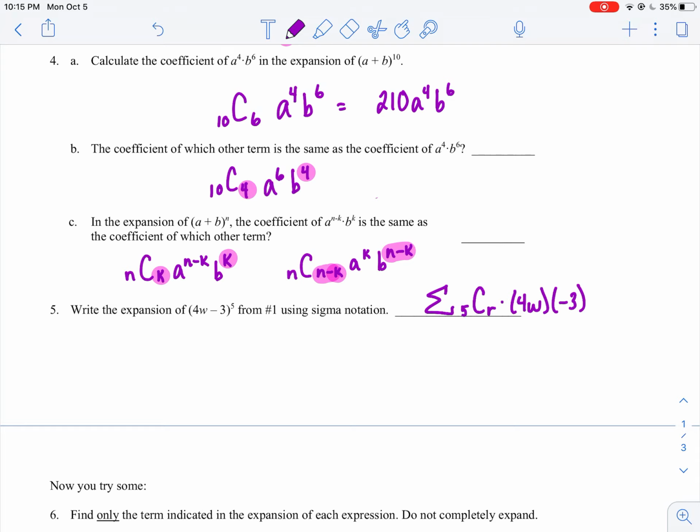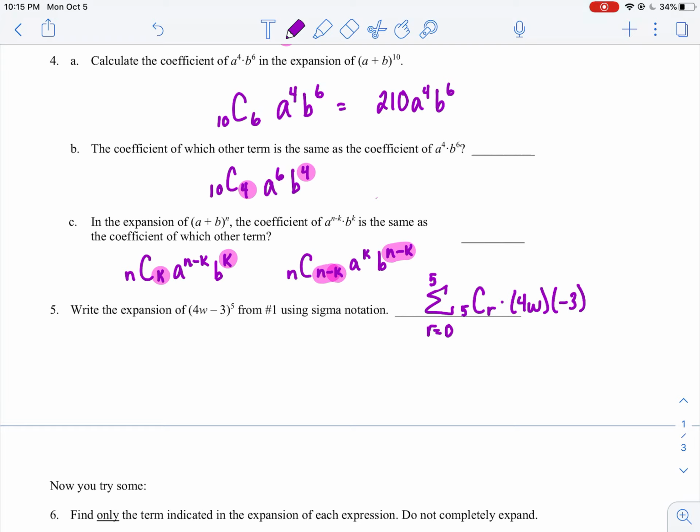So if R is the thing that's constantly changing, R first was 0, because I would do 5 choose 0. And then I would do 5 choose 1 and 5 choose 2. And I would do that until I got to 5. That's a 5. It kind of looks like a 6. So let me rewrite it. There we go. So this is saying I'd start with 0 and I would keep going.